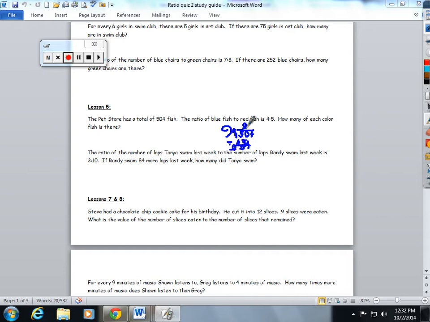I'm not good at writing on this. You're doing great. How many times does 9 go into 504? 56. Perfect. Now what do you do with the 56? You multiply it by 4. That's going to give you what color fish? Blue. Yep.